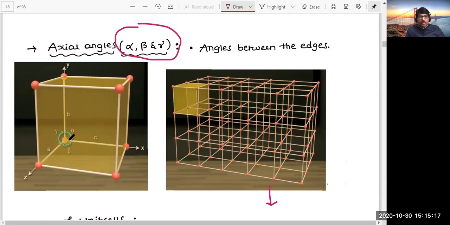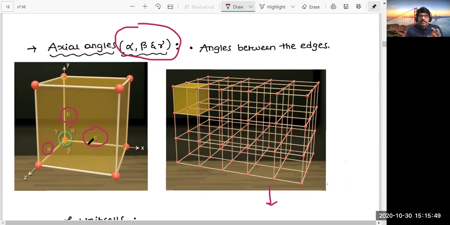And here, what is the length of this edge? That can be represented by small letters a, b, and c. They are called axial lengths. And the next one, the angle of separation between these 2 edges, alpha. The angle of separation between these 2 edges, beta. The angle of separation between these 2 edges, gamma. So there are 3 angles and 3 lengths, altogether 6 parameters.